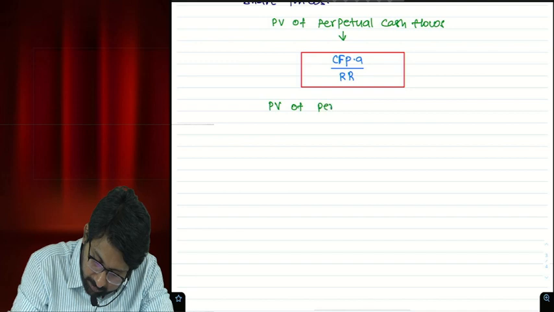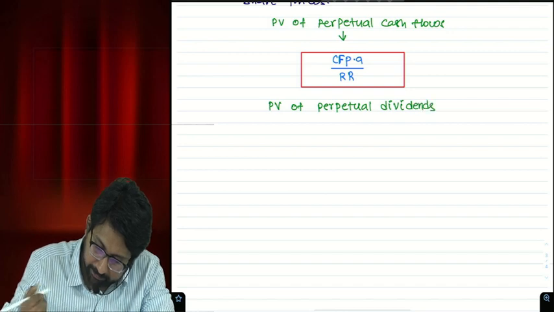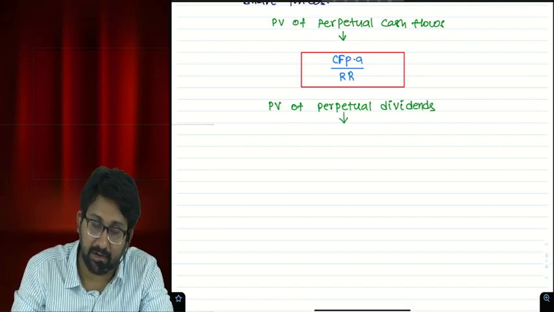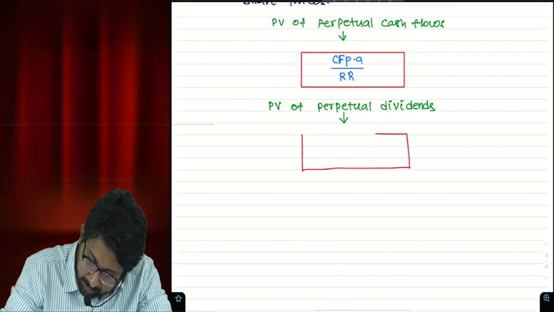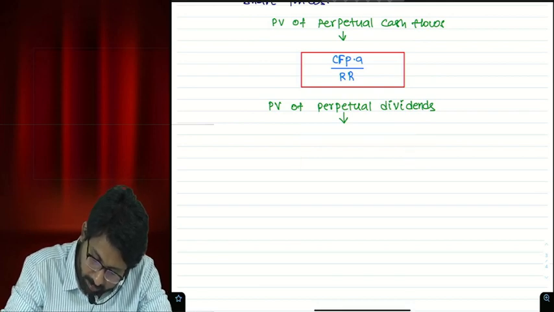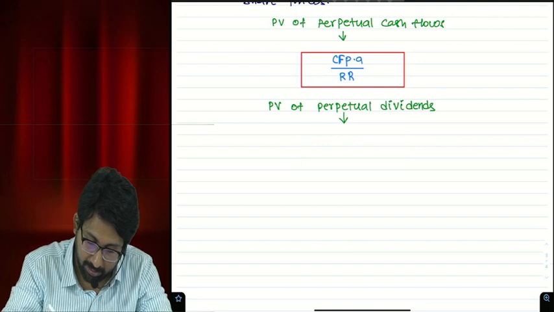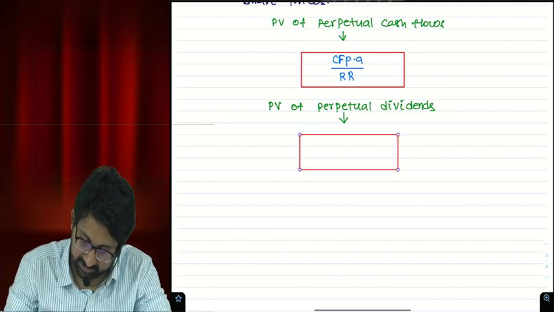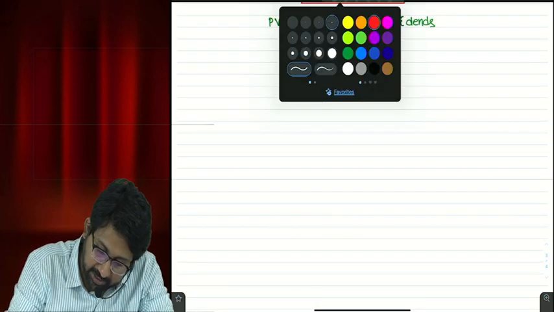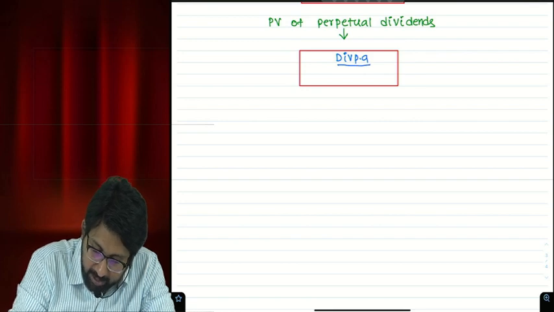Present value of perpetual dividends can be written as dividend per annum divided by the required rate on a share.